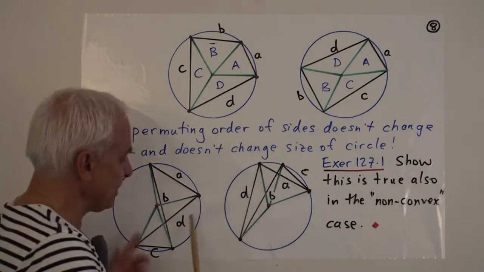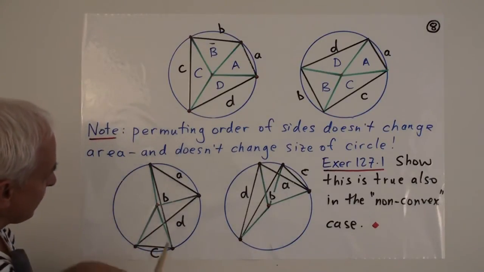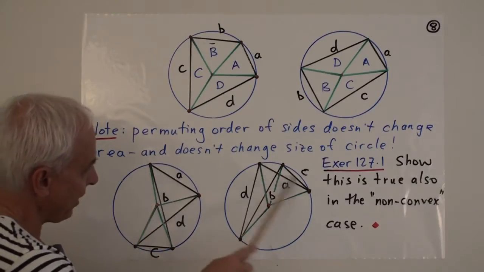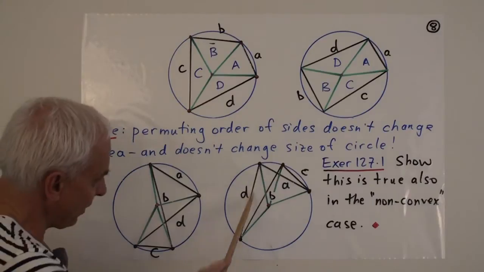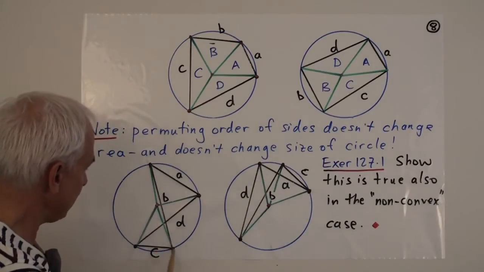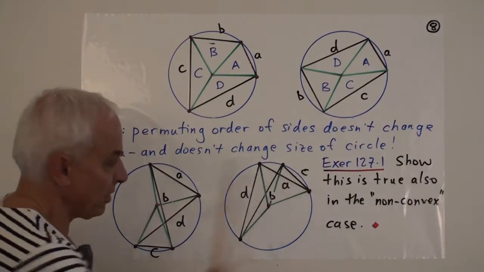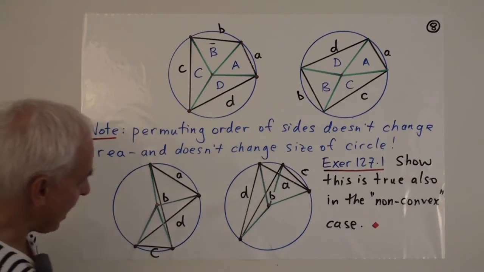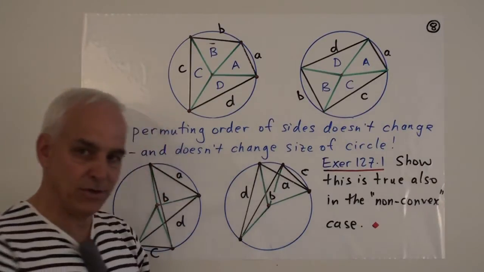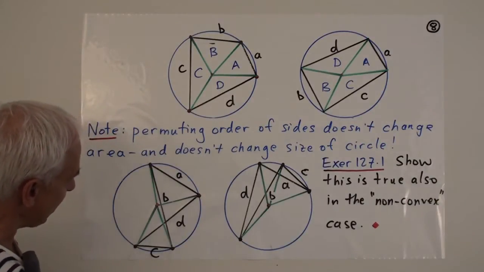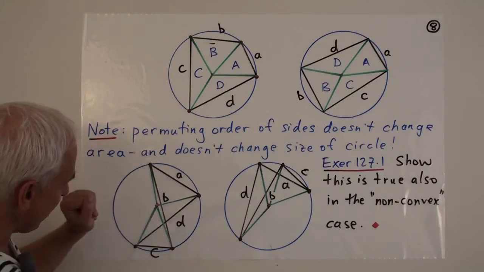And over here I've used the same size circle and rearranged these line segments. So there's a there, and this d I've moved over here like this. This b here I rearranged to go up here, and c is arranged to go here. You might say, how does one know that we can actually do this? Well, you can deduce this from the positions of these triangles.